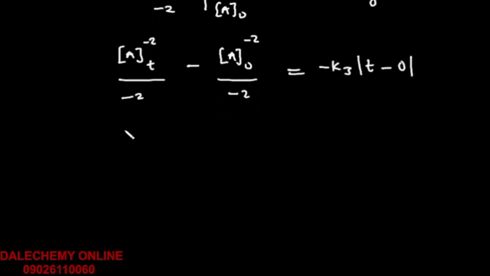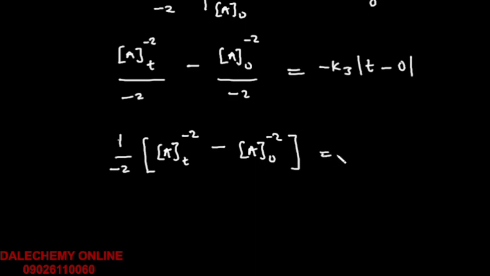So we are now going to have, we're having common denominator, so we can factorize it out. And if you do that, we have 1 over minus 2 in bracket of a sub t minus 2 minus a naught minus 2 equal minus k3t.